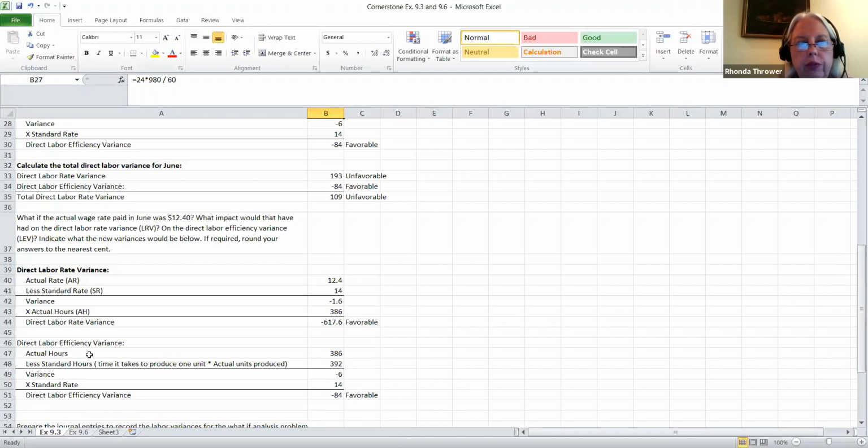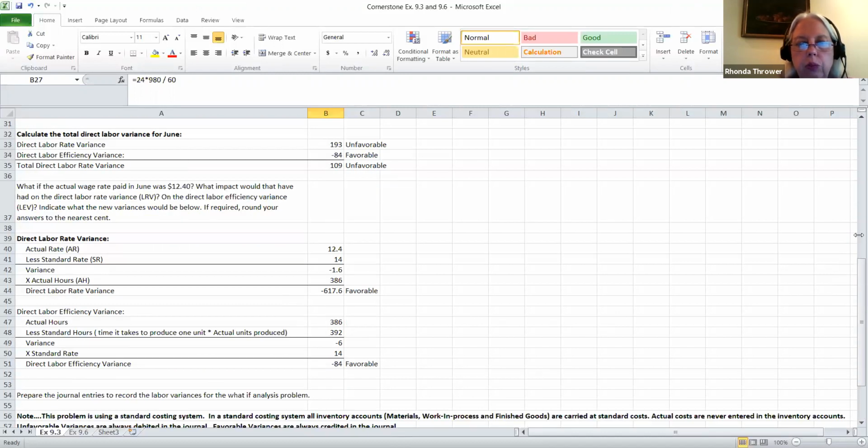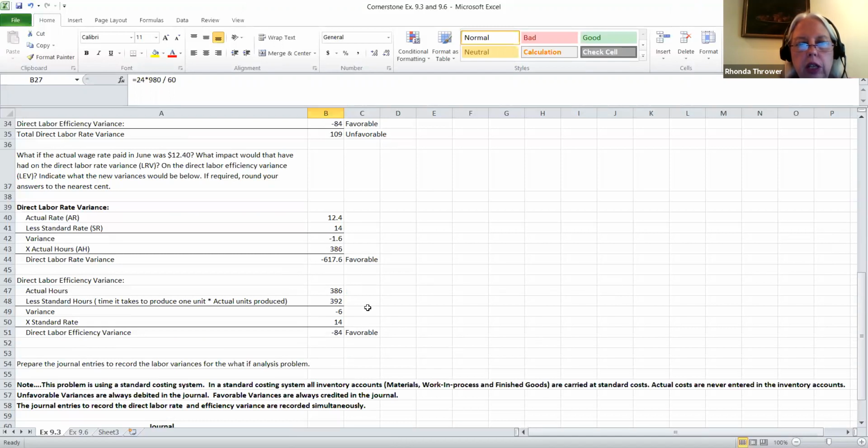The direct labor efficiency variance, you'll notice, stayed the same. Nothing changed in that, because the only thing that changed was the actual rate, and we don't use that again. When you combine the two of them together, then it would definitely make a difference in the total direct labor rate variance, because it now would become favorable. These two would be added together.